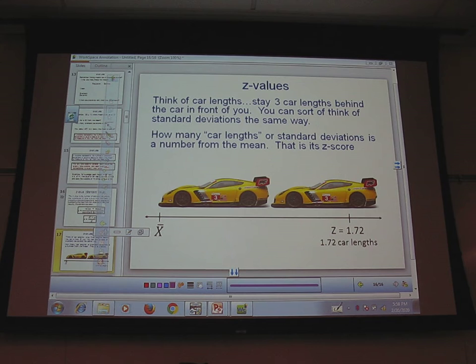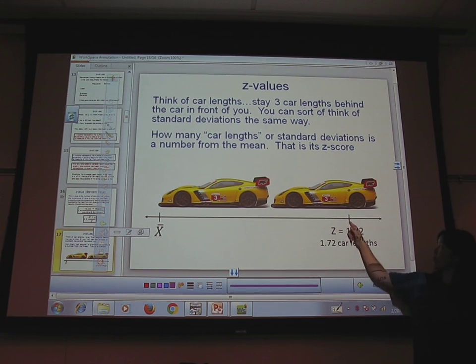Right, Clayton? So you get used to estimating, oh, I'm like 1.5 car lengths behind, oh, I'm about 2, a little more than 2, a little less than 2, right? So if you think about them in terms of car lengths, it might help you wrap your head around it a little bit better.